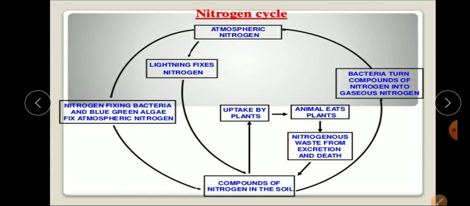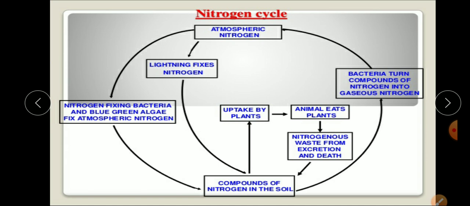So this Rhizobium lives in the root nodules, isn't it? Are you recalling or not? This Rhizobium lives in the root nodules of leguminous plants, such as beans and peas, with which it has a symbiotic relationship. Sometimes this nitrogen gets fixed through the action of lightning.